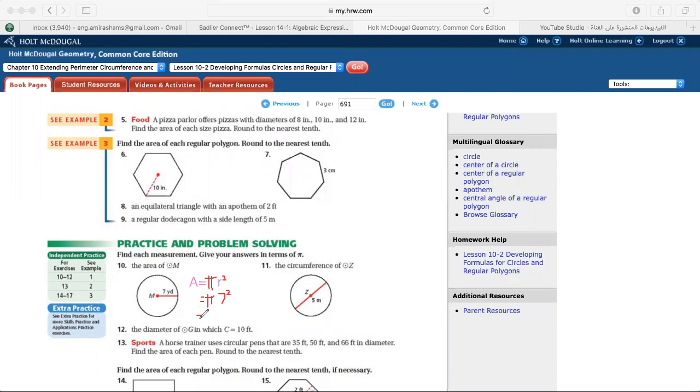So it is equal to 49 pi, and the unit is yards squared. I write squared because I'm calculating the area.